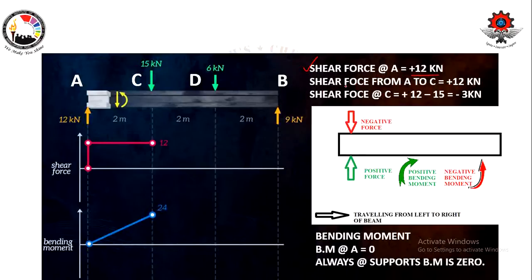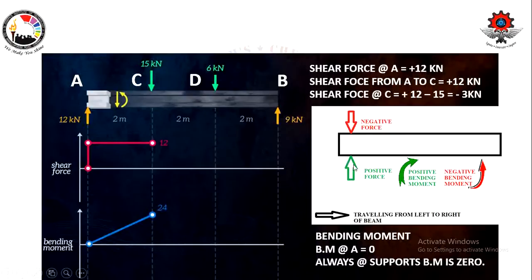How we got this 12 kilonewton? As you can see, we are traveling from this end, left end to right end, right? How is it plus 12 kilonewton?